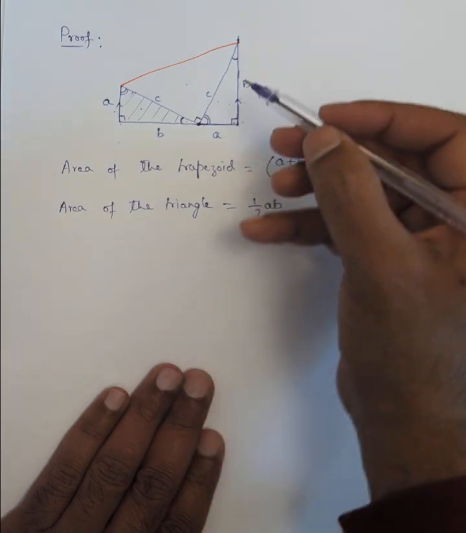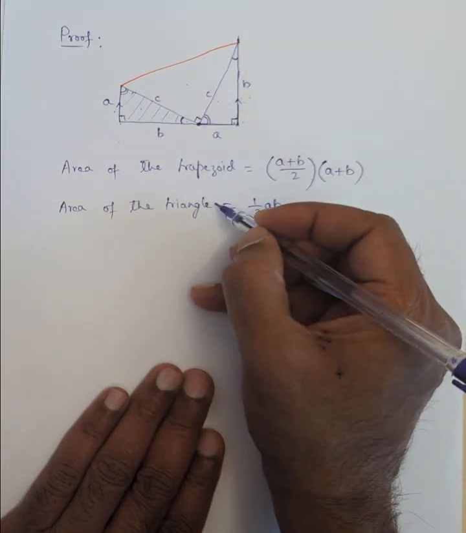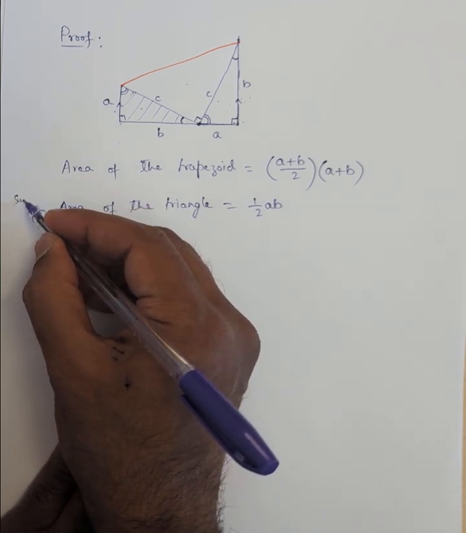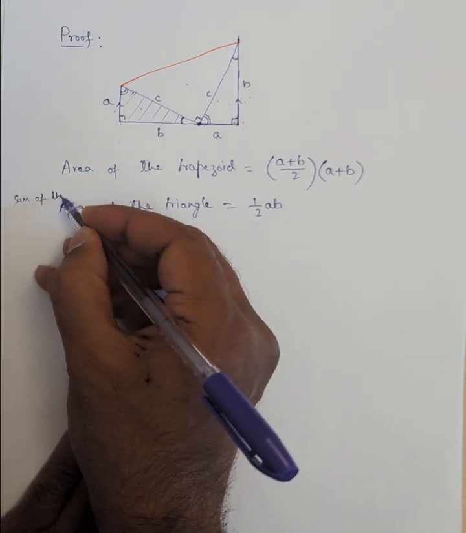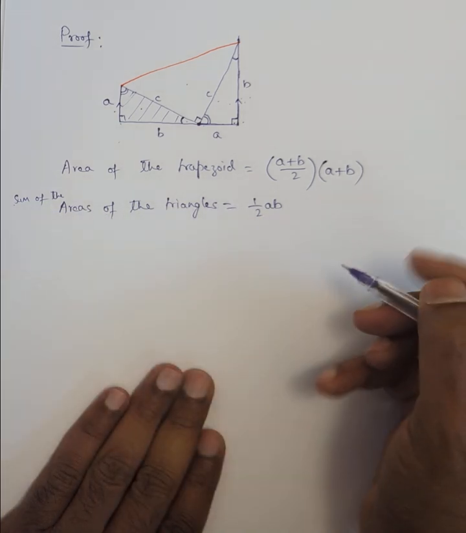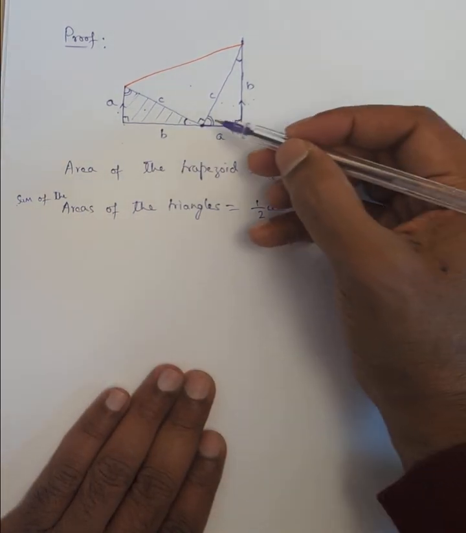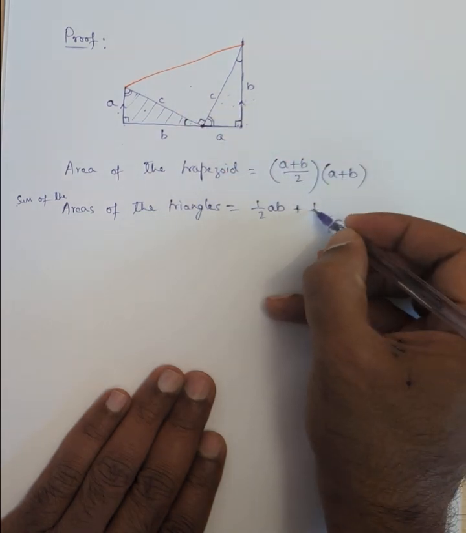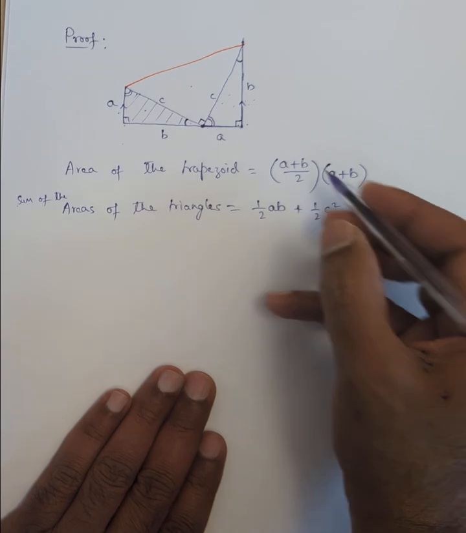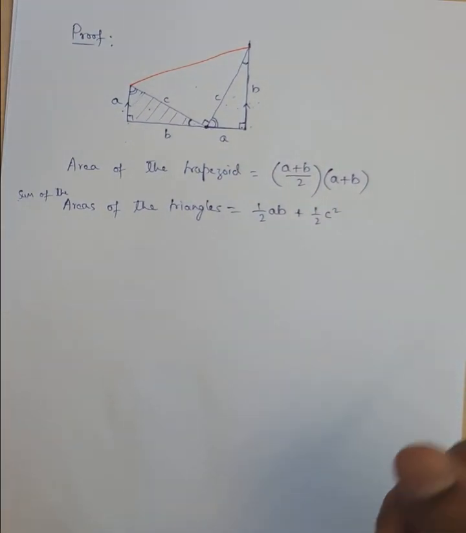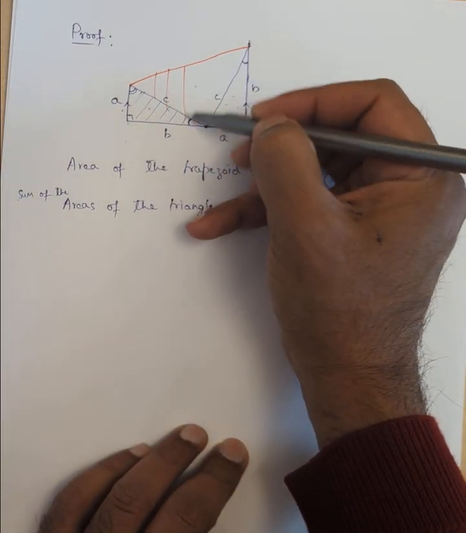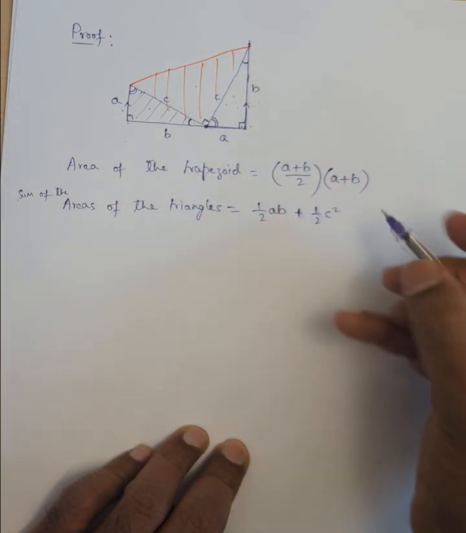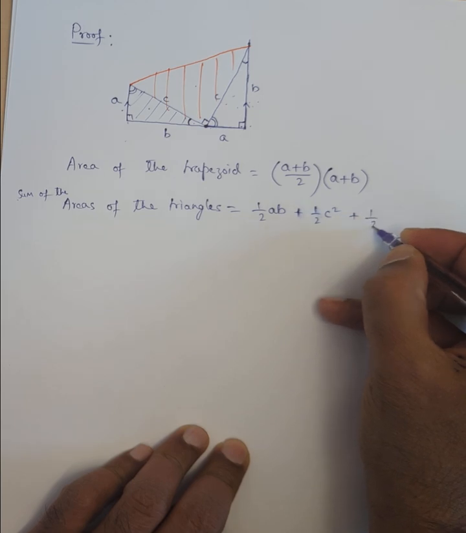The sum of the areas of the triangles is 1/2 AB. And this is a right triangle as well, which means I can take 1/2 C square for this triangle. This triangle is 1/2 C square, and the last triangle is also 1/2 AB.